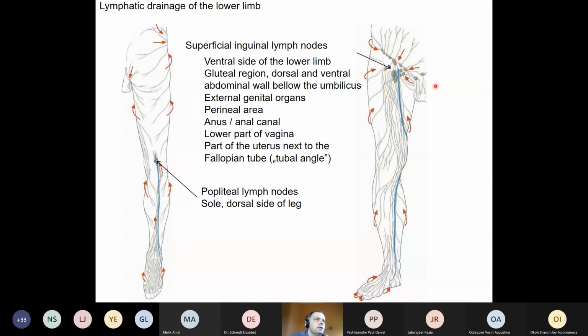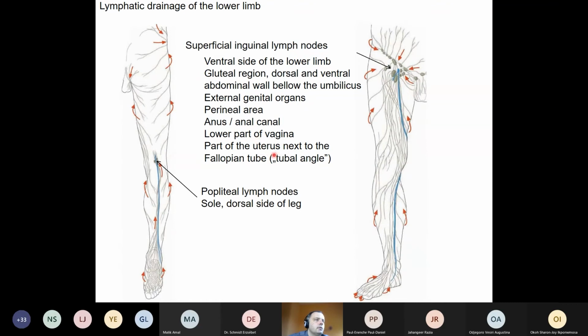Then also the external genital organs drain their lymph fluid here, and sexually transmitted diseases start here many times, and they typically cause first enlargement of the inguinal lymph nodes. Pelvic floor, perineal area, and anal canal also belong to the area. In ladies, the lowermost part of the vagina is also drained to this. So if you find enlarged lymph nodes, you have to ask your patient to visit a gynecologist also.